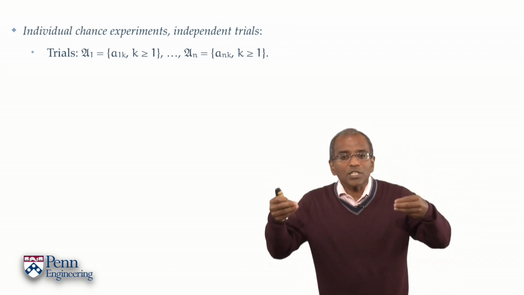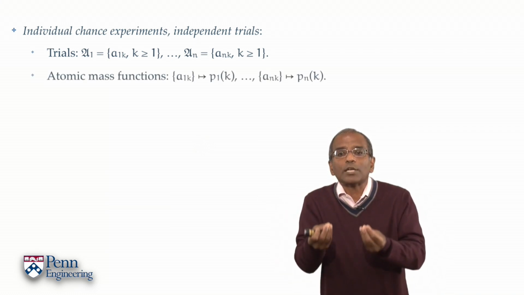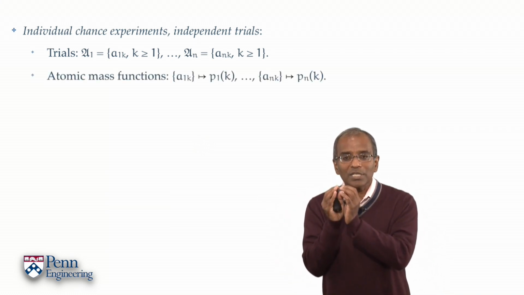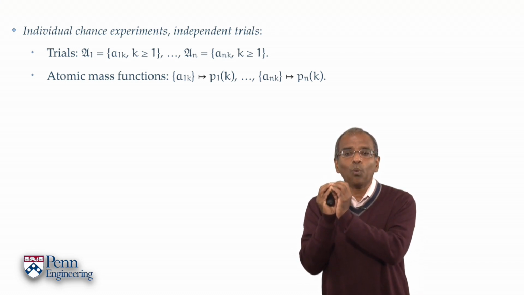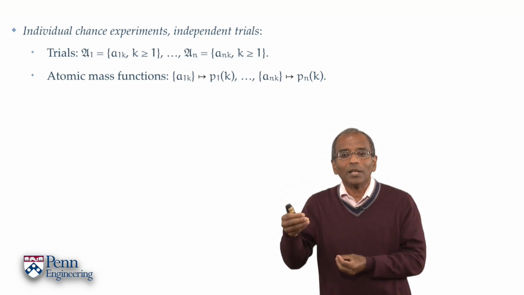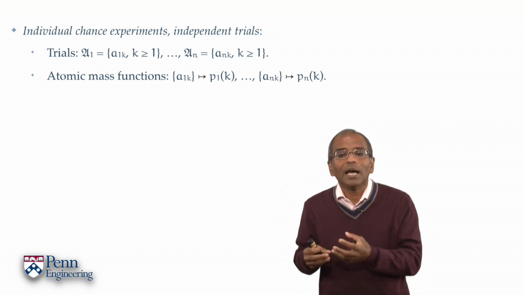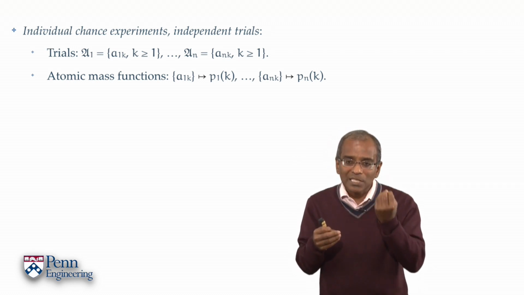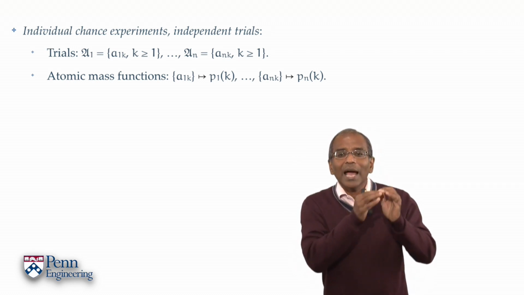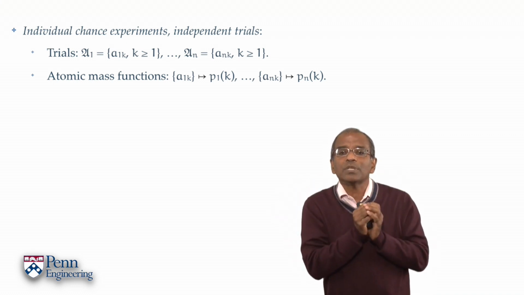Each of these trials is chance-driven. It's a discrete setting, and therefore we ascribe an atomic measure to the singleton A1k, the atom in the first trial of obtaining the kth element. We allocate a probability, a chance, P subscript 1 for the trial, and now we move the identifier of which outcome to the argument k.